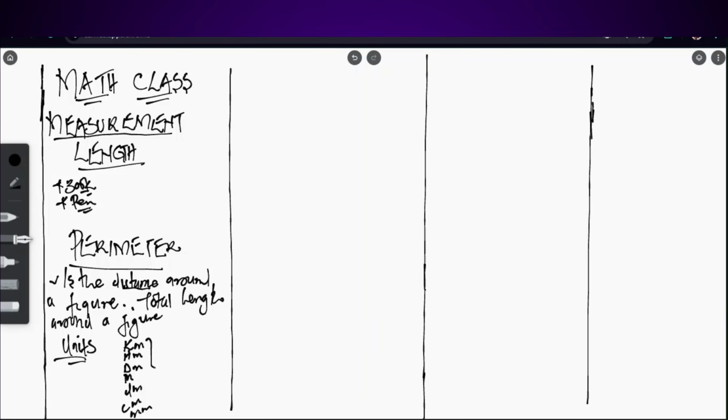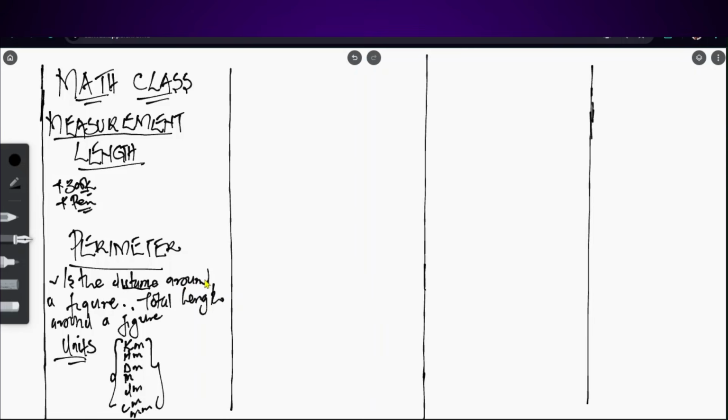These are the major units of measuring length. So perimeter can be given in any of these units, either in kilometers, hectometers, decameters, meters, decimeters, centimeters, or millimeters.